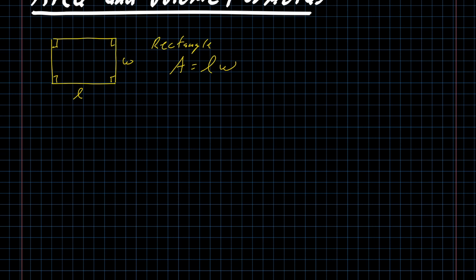Moving onward. The next shape is a parallelogram. There are a couple of different ways that you can define a parallelogram.